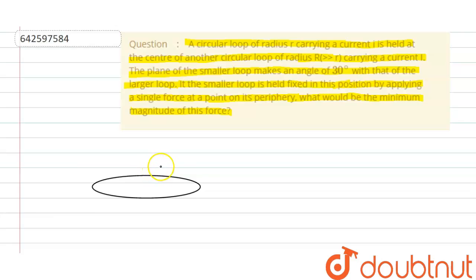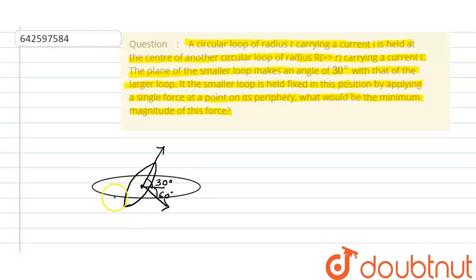The plane of this smaller circular loop makes an angle of 30 degree with the plane of the larger loop. So this angle is 30 degree. So the vector area of the smaller loop will make an angle with the plane of the larger loop. It will be 60 degree because this angle is 90 degree.